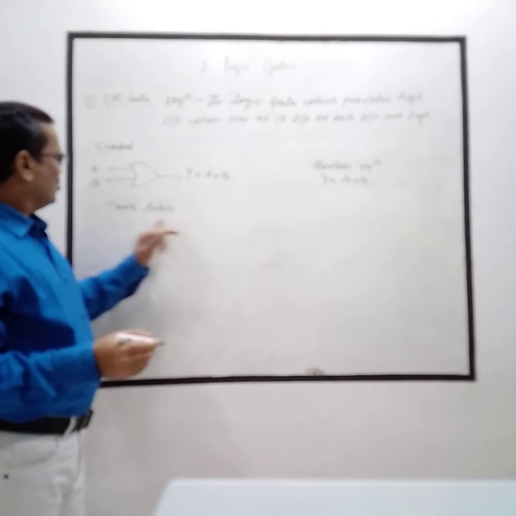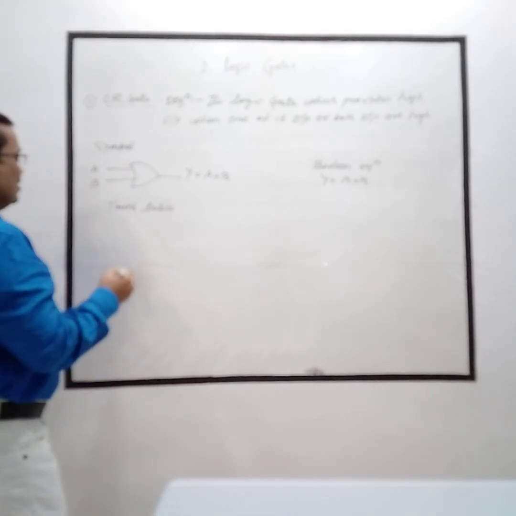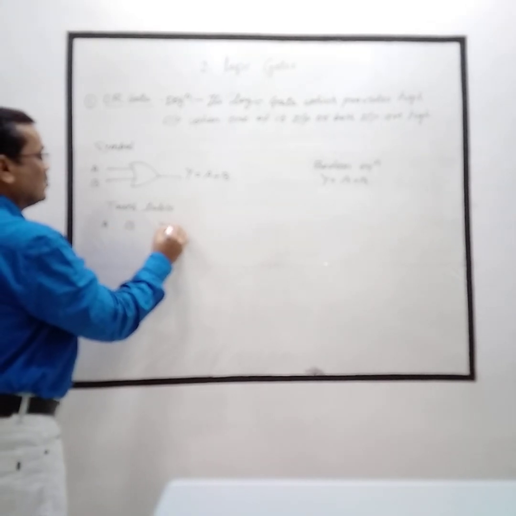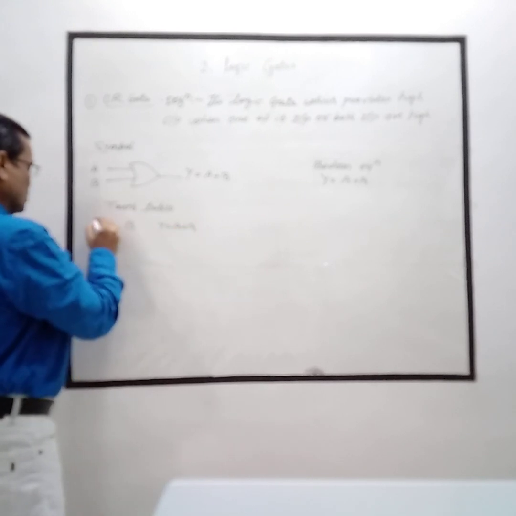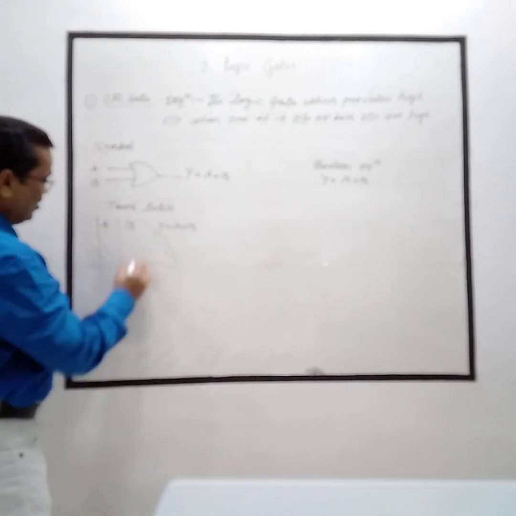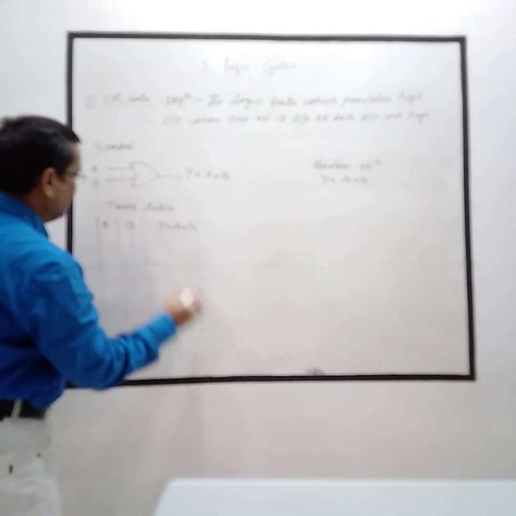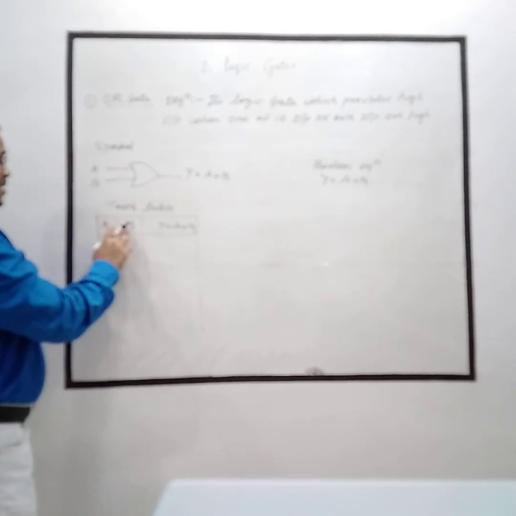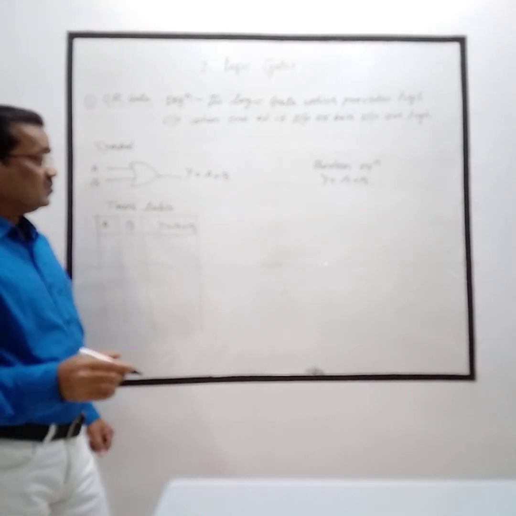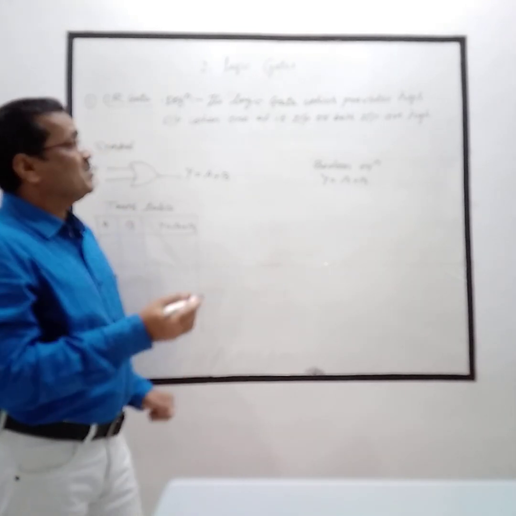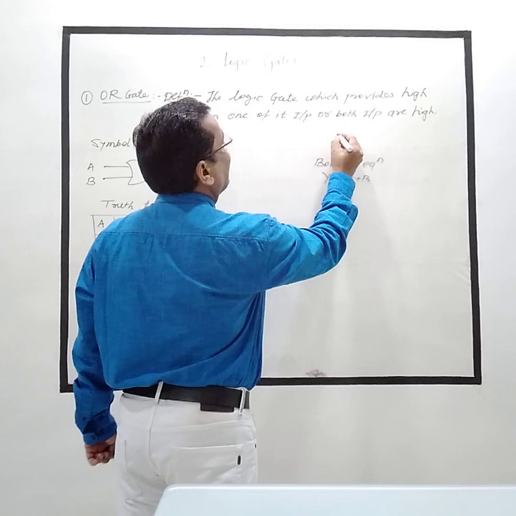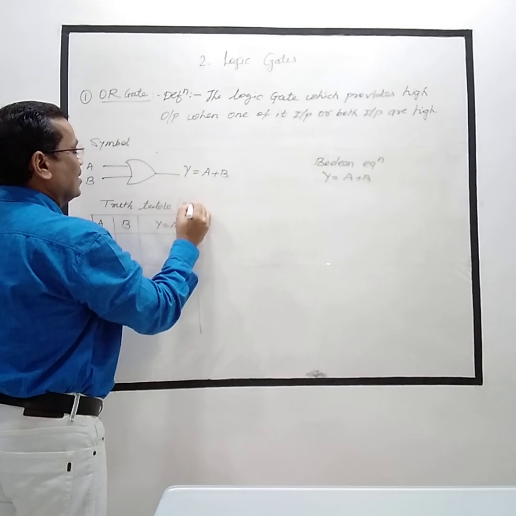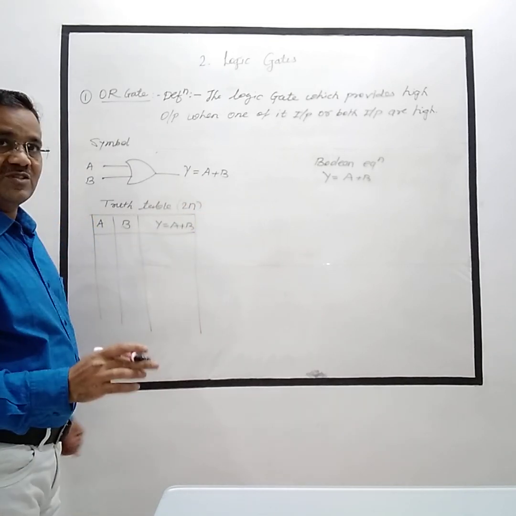To draw a truth table, we have to write all the possible combinations of A, B and Y is equal to A plus B. These are the inputs and this is the output. The number of possible cases is 2 to the power n, where n is the number of inputs.